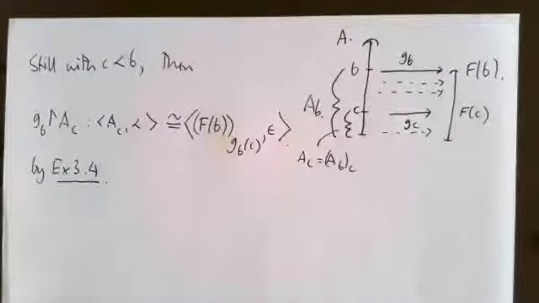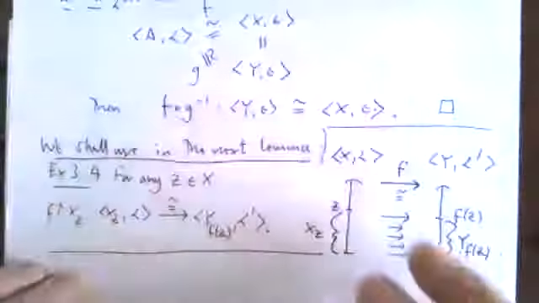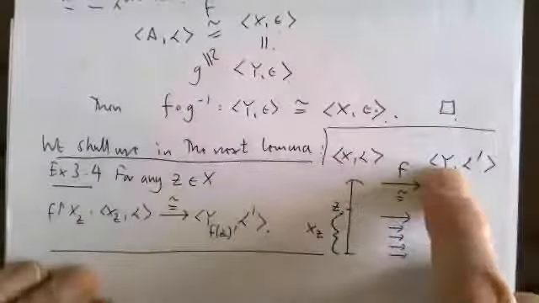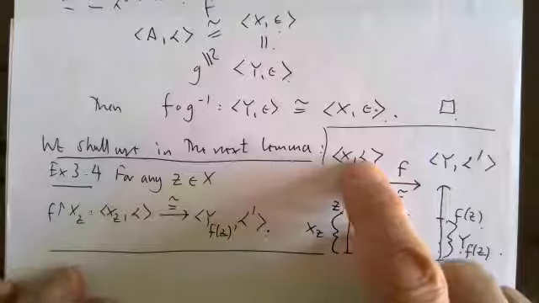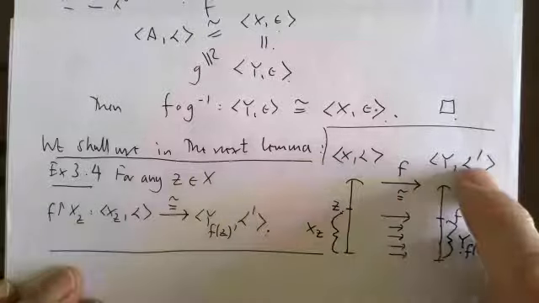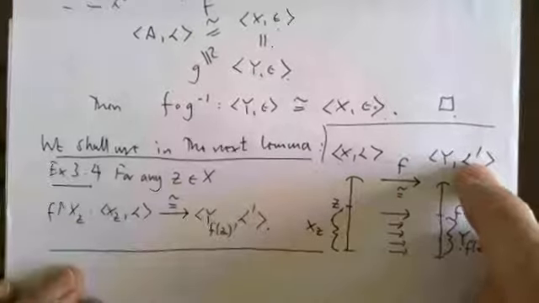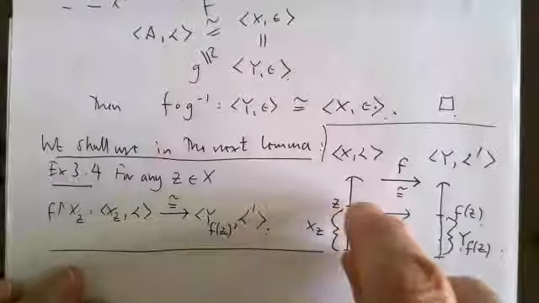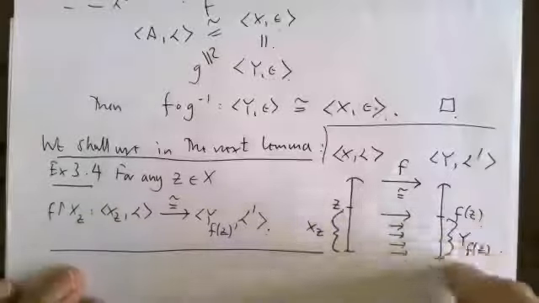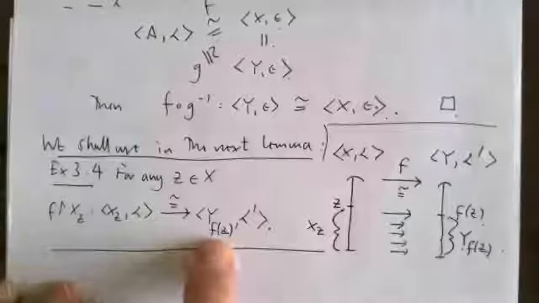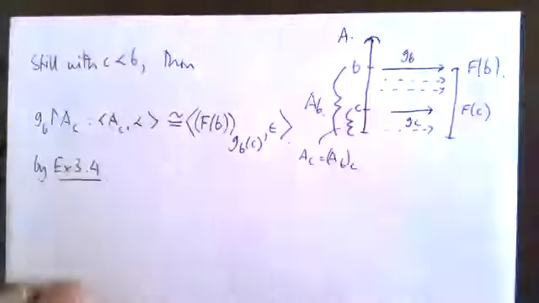Let me put back up 3.4. If you've got some f between just these well orderings, which is an isomorphism between these well orderings, then if I just restrict f to an initial segment, it'll send this initial segment over to the initial segment over here below the f of z, which is what I've written here. So this is an instance of this.